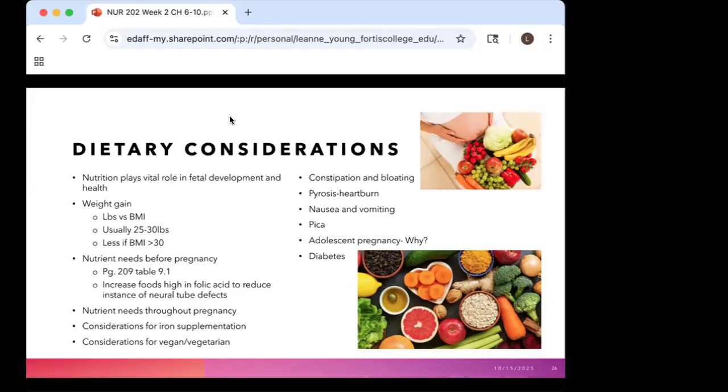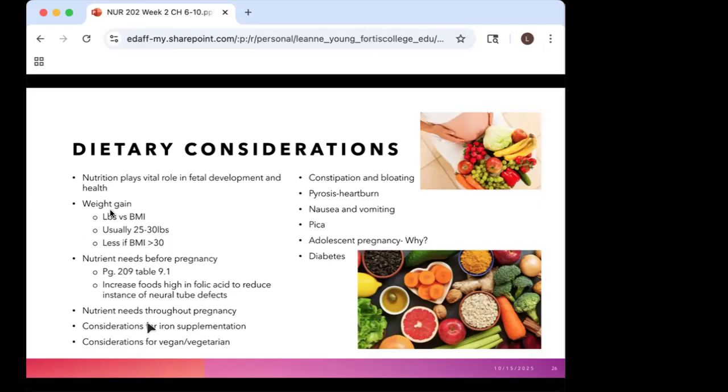Nutrition needs for pregnancy begin even before a woman gets pregnant. So sometimes if a woman comes in the office and says she's trying to conceive, an OBGYN will encourage her to start a prenatal vitamin even before she is pregnant. That will increase folic acid and folate to prepare her body for pregnancy and for growing a fetus.